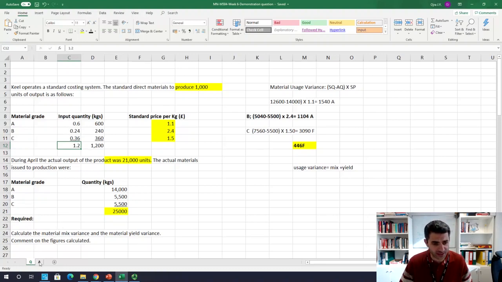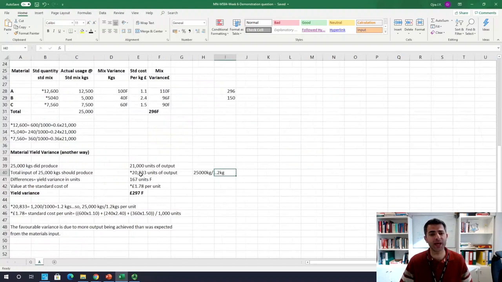You should be able to find 20,833. Based on this, we are expected to produce 20,833 units of output. But we are lucky that we produce more. We produce 21,000 units. In this case, we are up by 167 units. Of course, it's favorable, right?